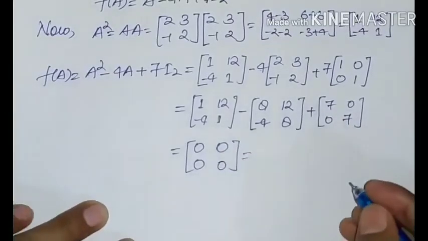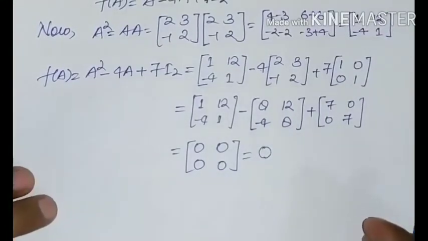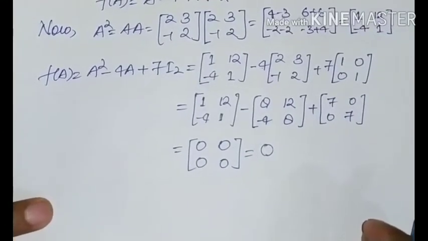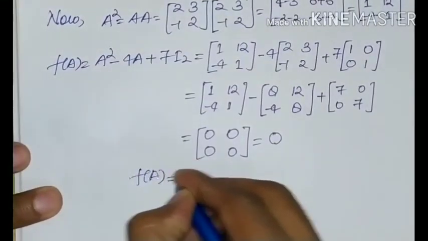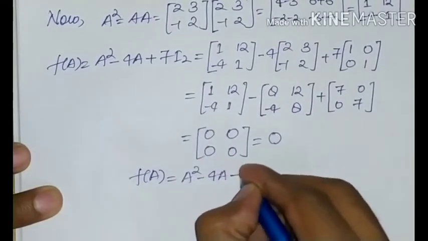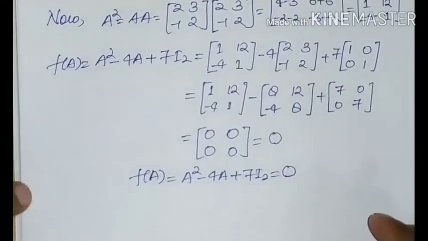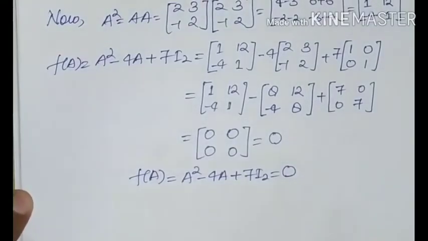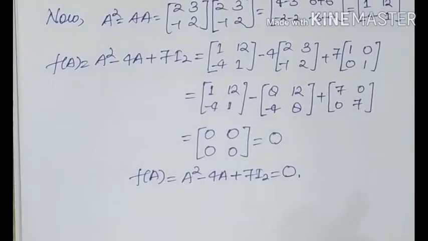Then this is a null matrix of order 2, which I write as O. Hence proved: f(A) equals A squared minus 4 times A plus 7 I2 equals O, that is, the null matrix. This is how we prove the first part of this question.